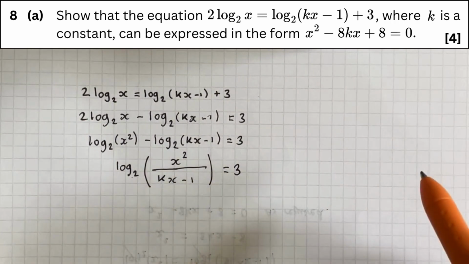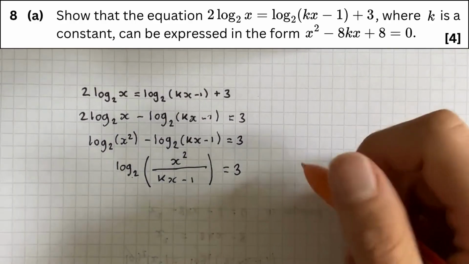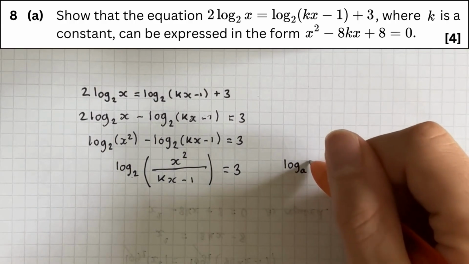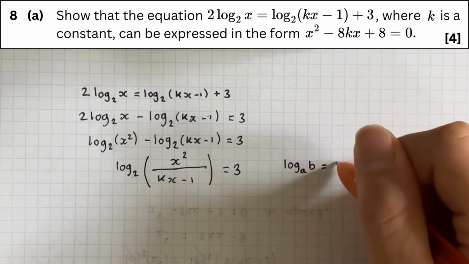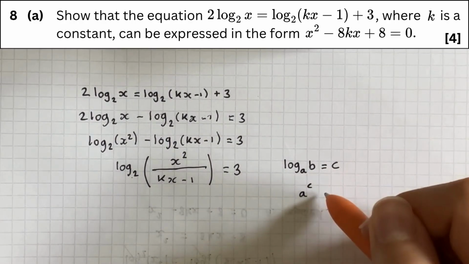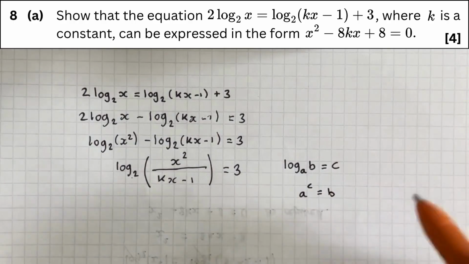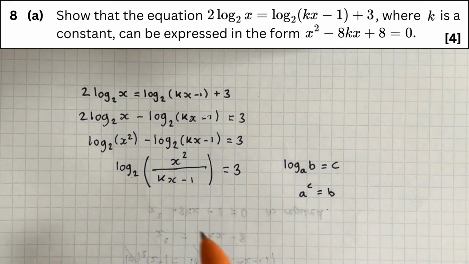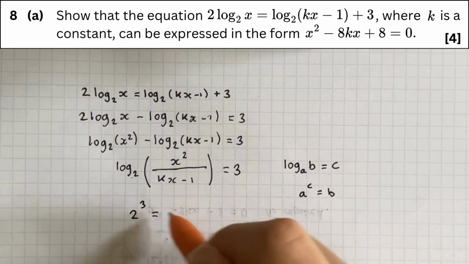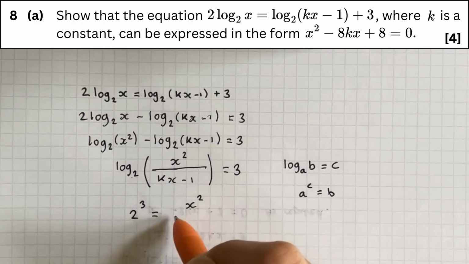Now we have to use the idea of a logarithm, which says that log base a of b equals c is exactly the same thing as the base a to the power of c is equal to b. So it's just a rearrangement, but we can then use this to get rid of that log base 2. So 2 to the power of 3 is equal to this fraction.